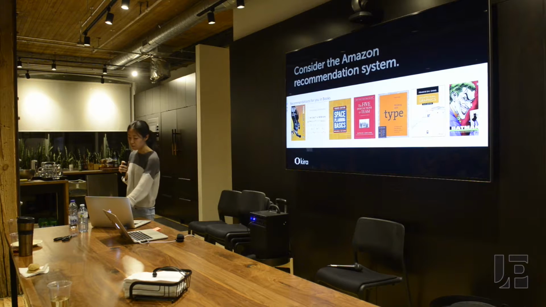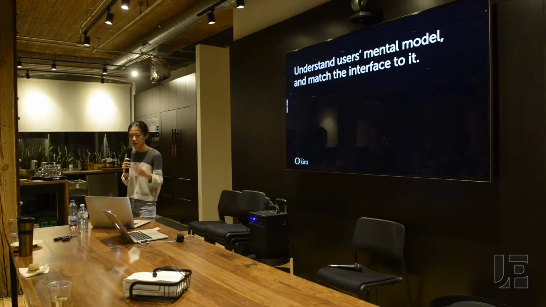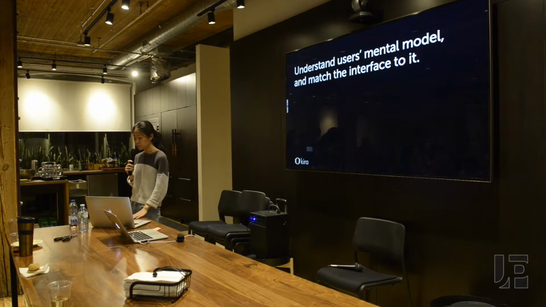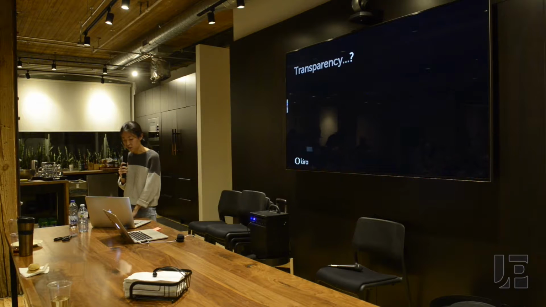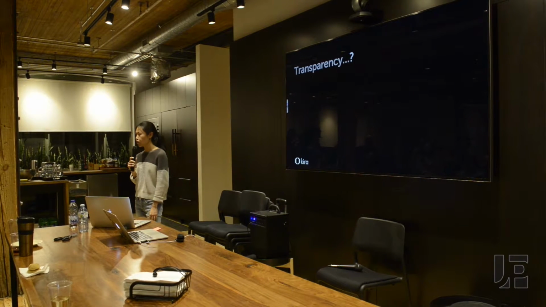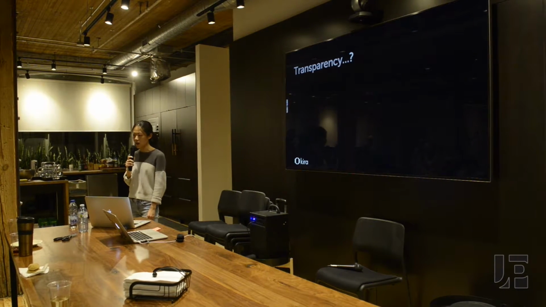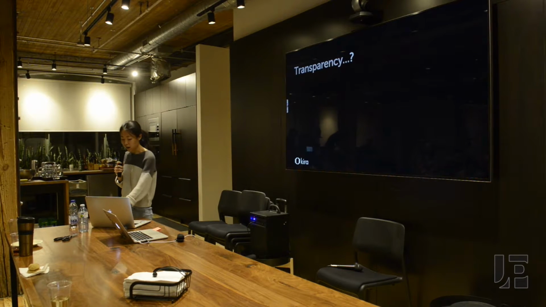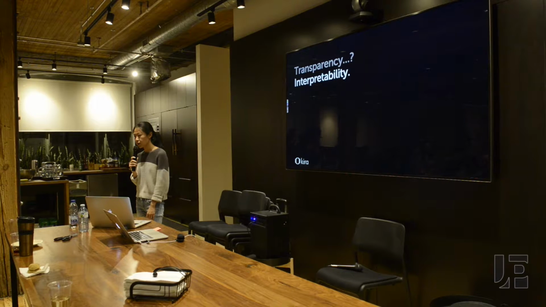So this is exactly my point: they were able to understand your mental model of how certain things work and match their interface to it. So now let's go back to our question about whether it is transparency that we should provide. I would propose it is not transparency, it is interpretability.